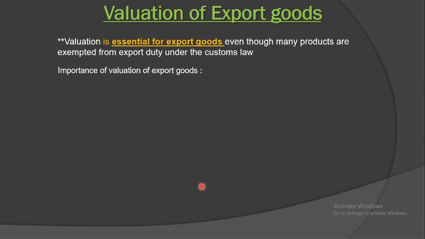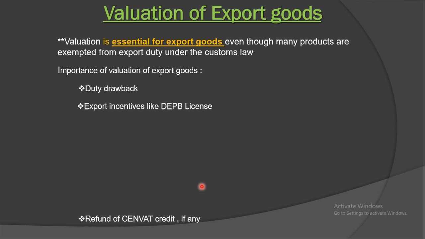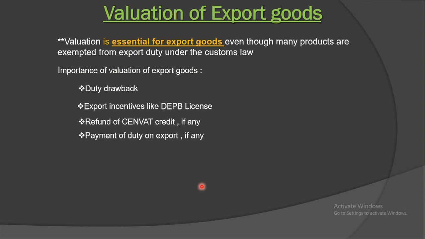Because it has some benefits like duty drawback. We have to calculate our assessable value to claim duty drawback, export incentives, refund of IGST credit if any, and payment of duty on export, if your goods are chargeable to export duty. For that we need to calculate the assessable value of our exported goods.